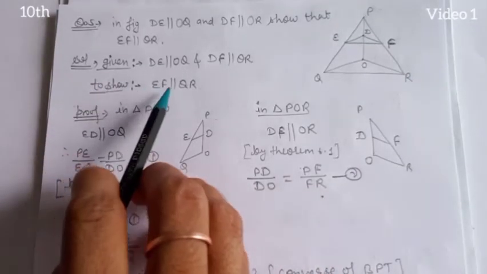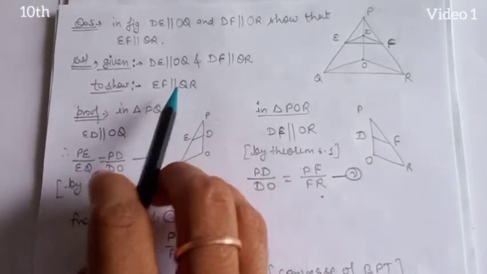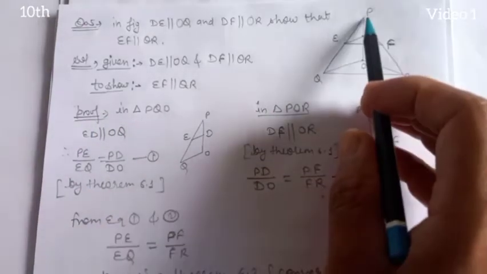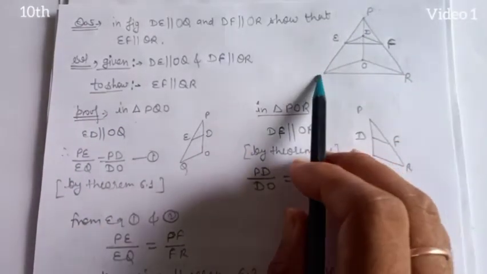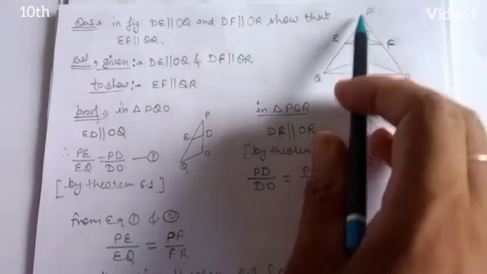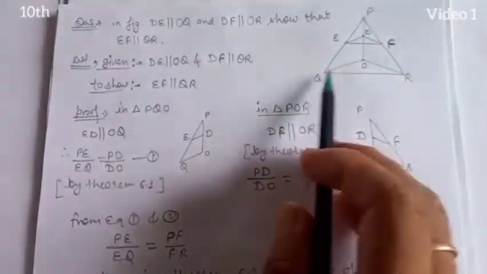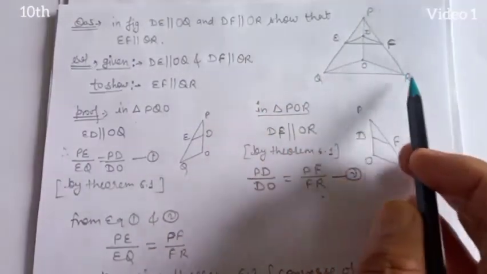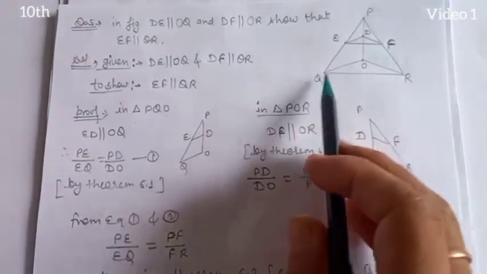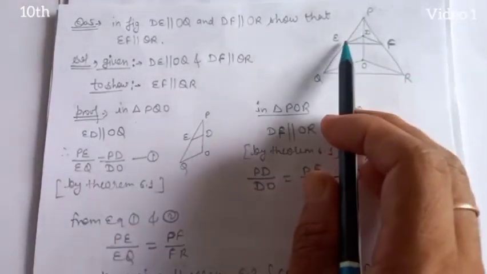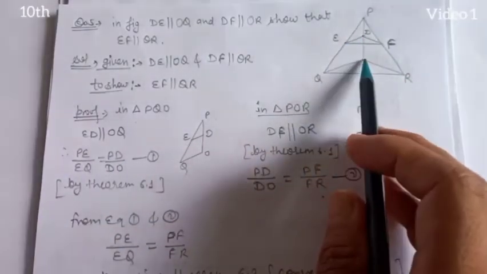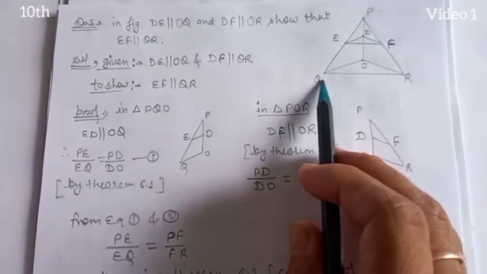so now to show EF parallel to QR. Okay, so proof: in triangle PQO, on the left hand side I've taken PQO and on the right hand side POR. So first PQO. Here you know that ED is given parallel to OQ.